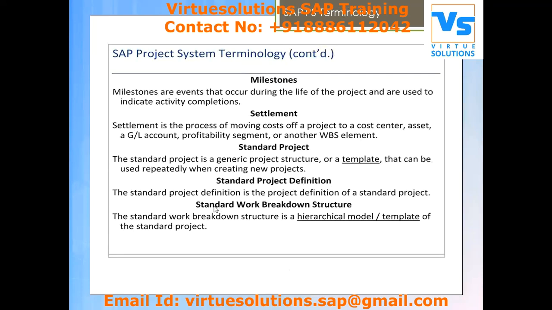Okay, so this is a milestone. A milestone is one event; whenever that event occurs, we have to tell the system whether to stop those activities or create any other actions on that.